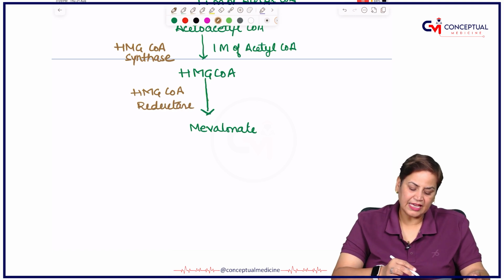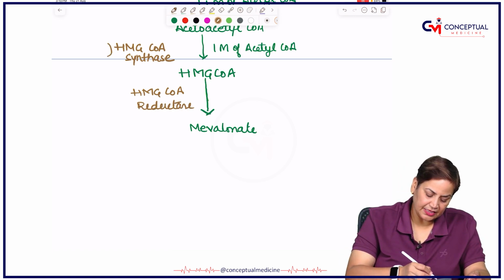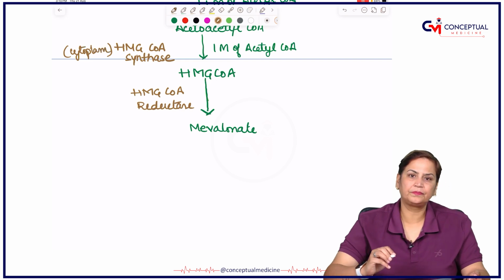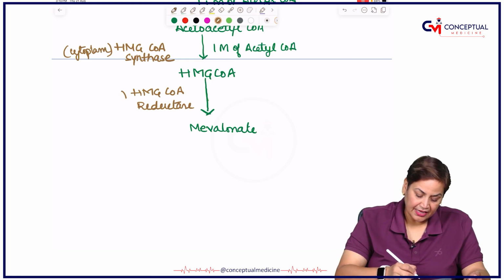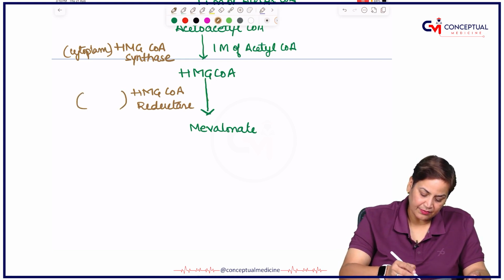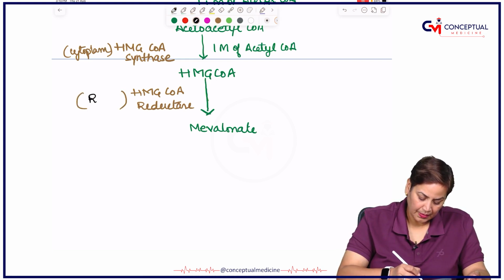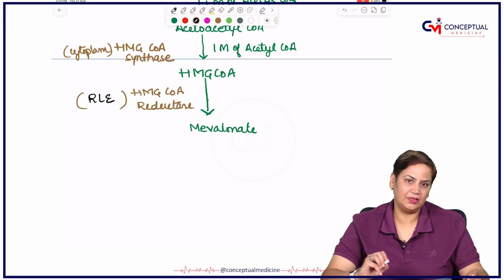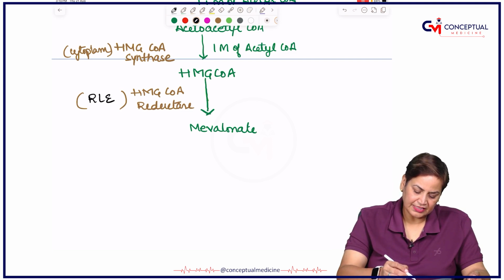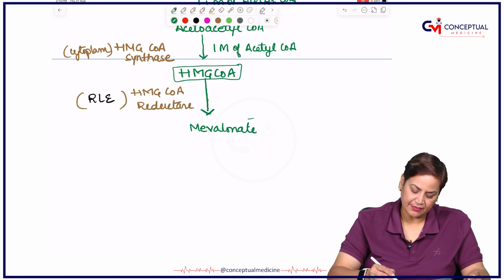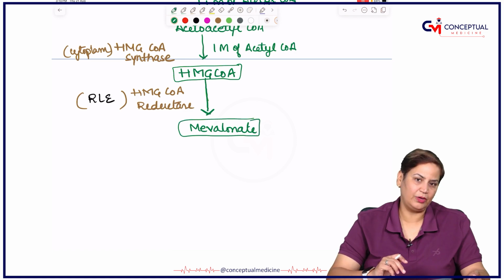This HMG-CoA synthase is present in the cytoplasm. HMG-CoA reductase is the rate limiting enzyme of cholesterol biosynthesis. So we can say our first step is achieved, formation of HMG-CoA. Then our second step is also achieved, forming mevalonate.